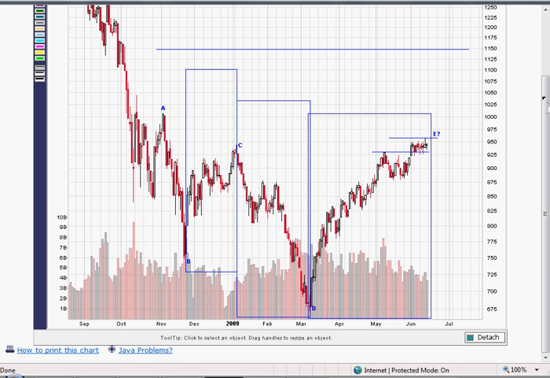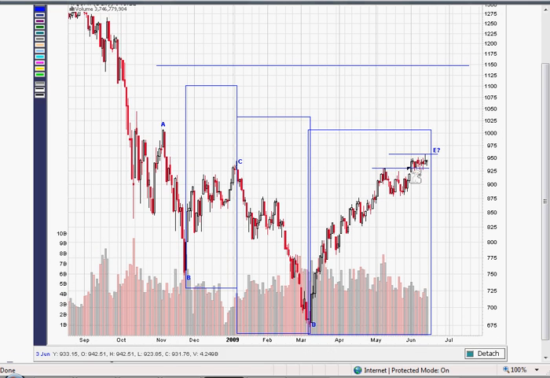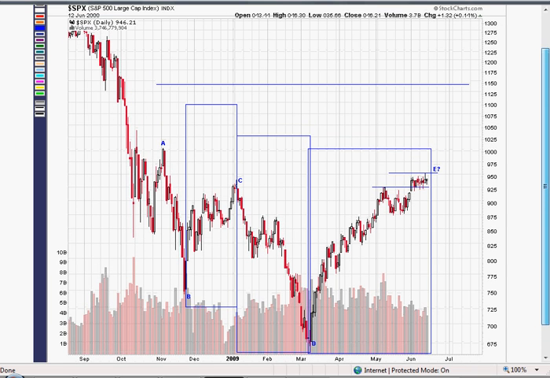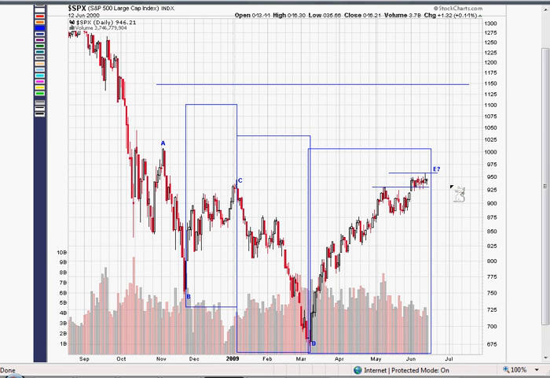Another thing on this chart, I have this line here, which I showed before on the blog. This one represents the 161.8% compared to wave A, from the low of wave A to the high of wave A. And then this upper line represents the 161.8% relative to the low of wave B to the low of wave C to the high of wave C. Now, Fibonacci relationships aren't really common in expanding triangles, but if there is one, those are two of the more common ones.